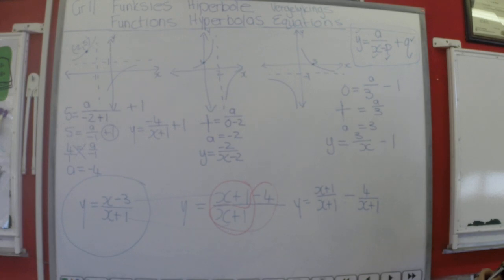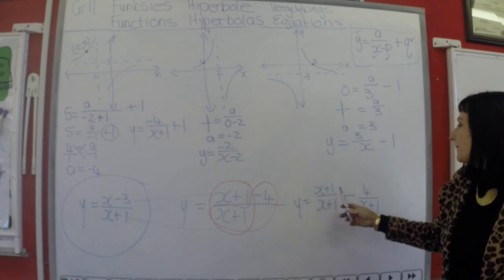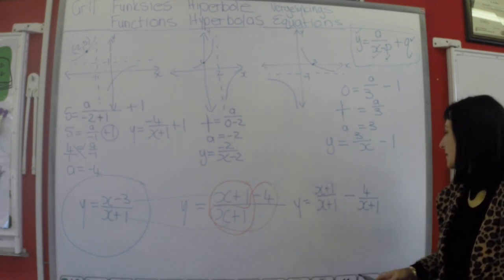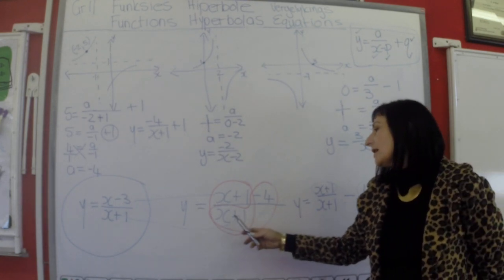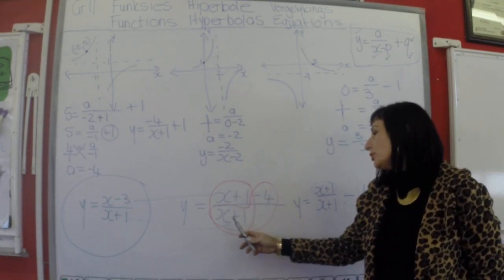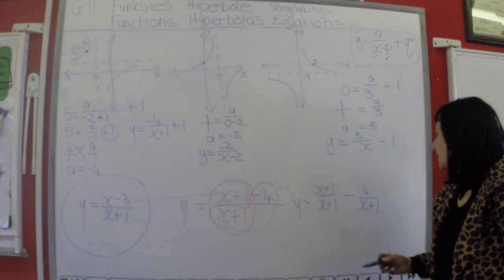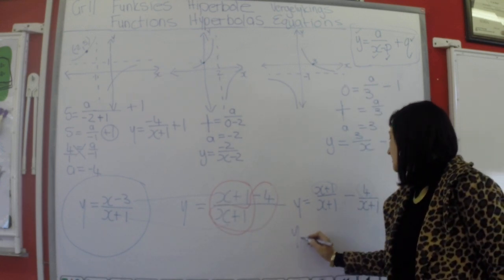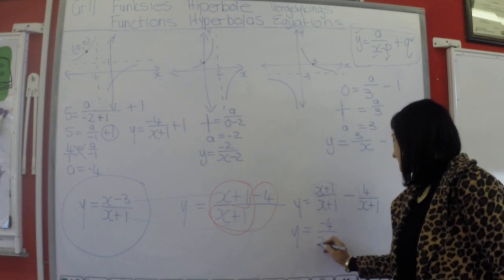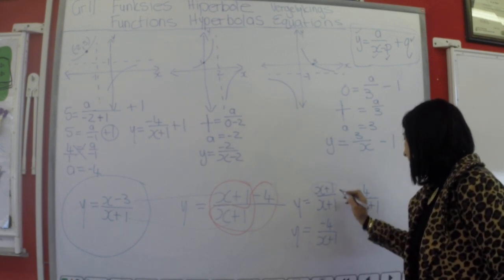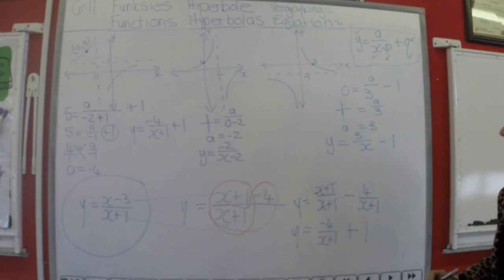Sien jy wat doen juffrou? I'm putting the denominator underneath this part of the numerator and that part of the numerator. Ek sit die noemer onder, ek breek die teller op in 2 dele. So nou kan ek hom gaan oorskryf. Okay. And that's plus, en dis dieselfde, so dit kanselleer uit, en dit word 1.